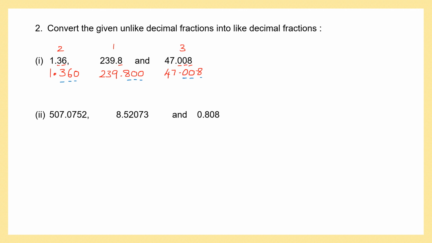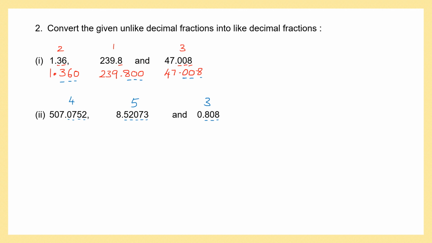Now second one, we have unlike decimals here. What we need to do is first find out which number has the largest number of decimal places. The first one has 4: 1, 2, 3 and 4. The second one, 1, 2, 3, 4, 5, has 5 decimal places. The third one has 3 decimal places.